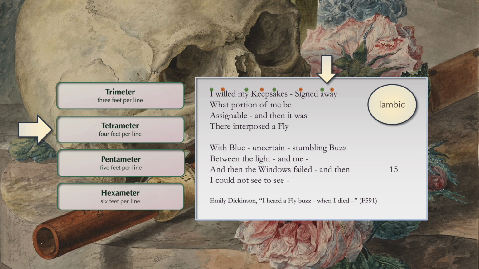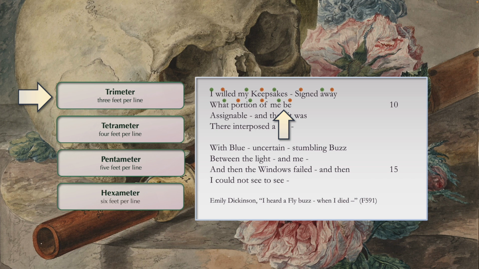Now the next line looks shorter, so when we count out the syllables in the second line, "what portion of me be?" We've got 3 feet. Again, all iambs. We're still iambic here. With 1, 2, 3 iambs, which makes the second line an example of trimeter.